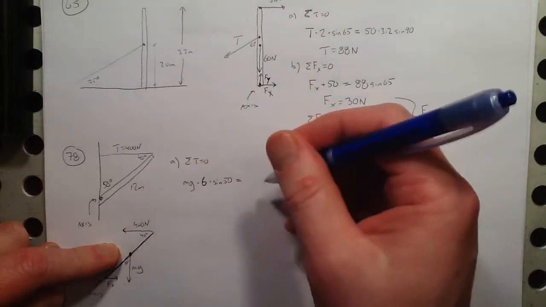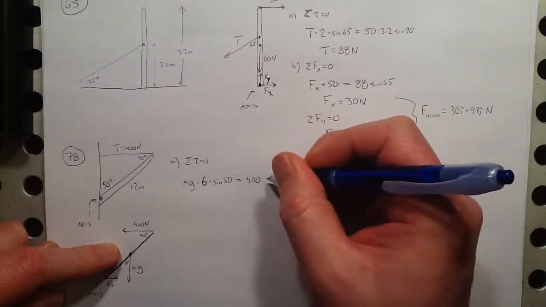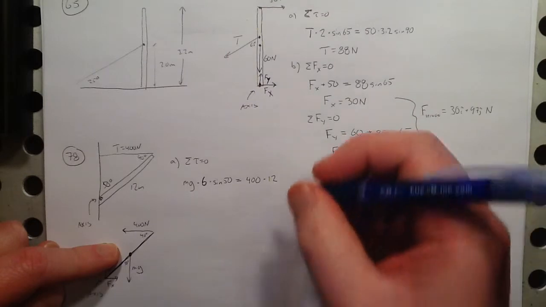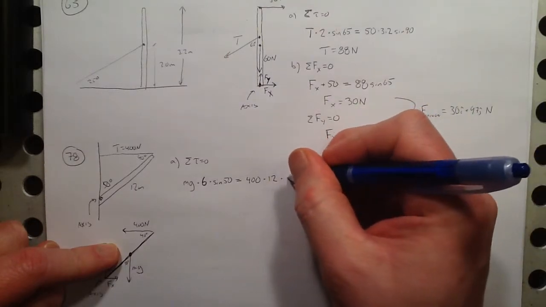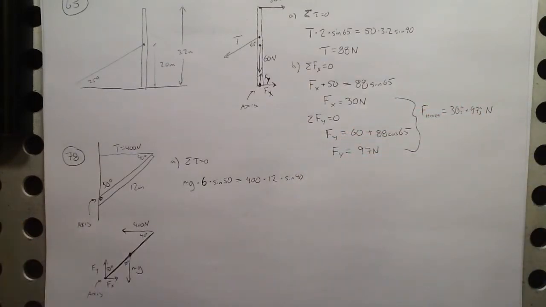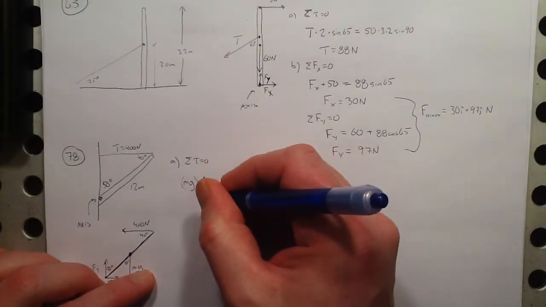And then torquing the other way, I have the tension force times the full length of the beam it's acting at, 12 meters, times the sine of 40 degrees. And those two have to be equal to each other. So do they want the weight or do they want the mass of the beam? They want the gravitational force on the beam, so I'm just solving for mg here.